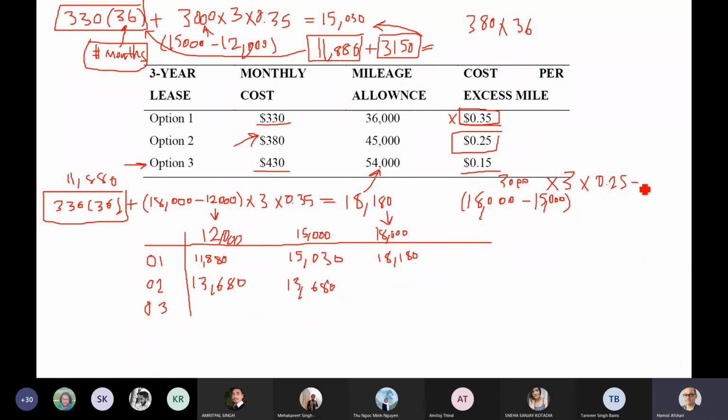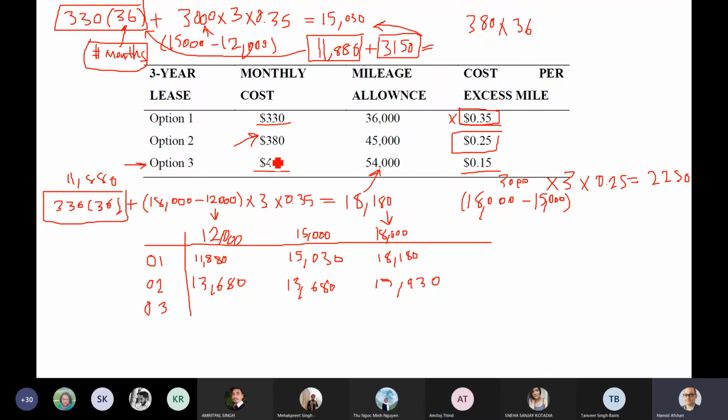So how much will be the variable cost? It will be 2,250. This should be added to the previous one. So how much is the total? 15,930. Thank you.